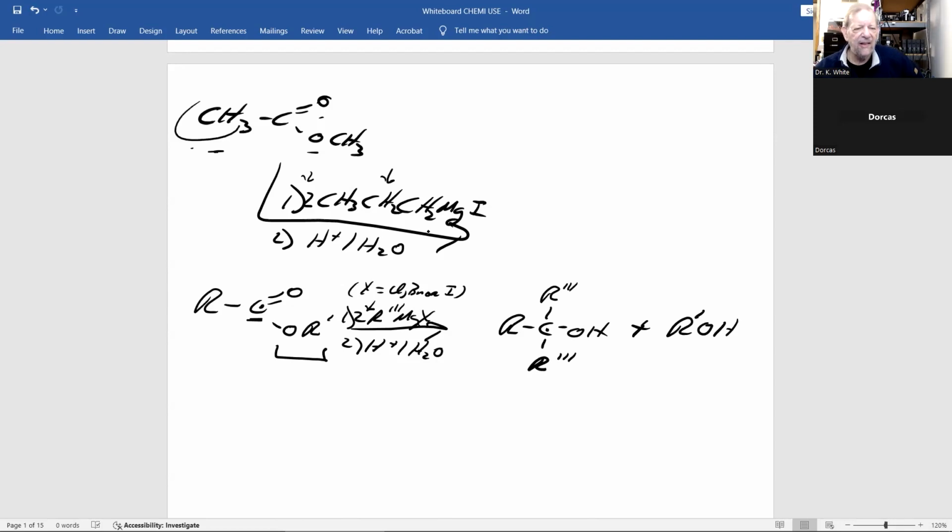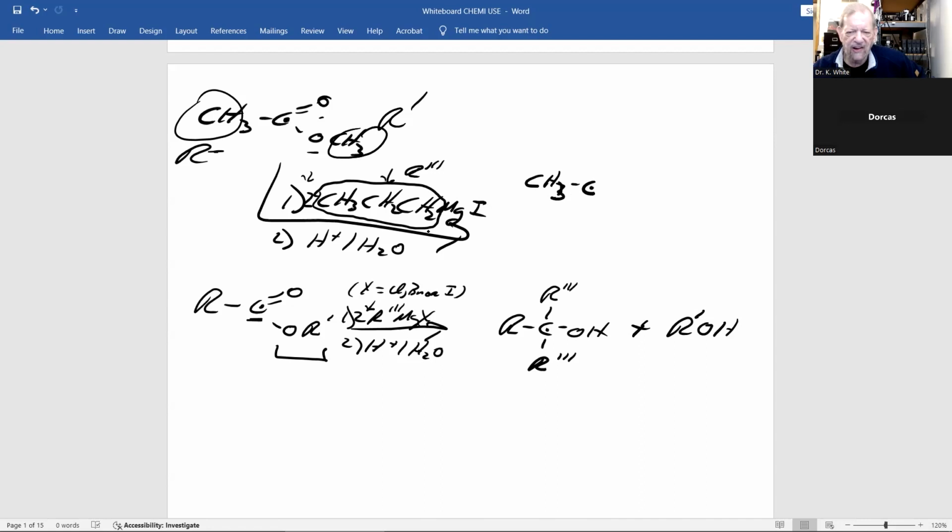So here's our R prime. And here's our R triple prime. All right, so the first alcohol will have R attached to the carbon here.